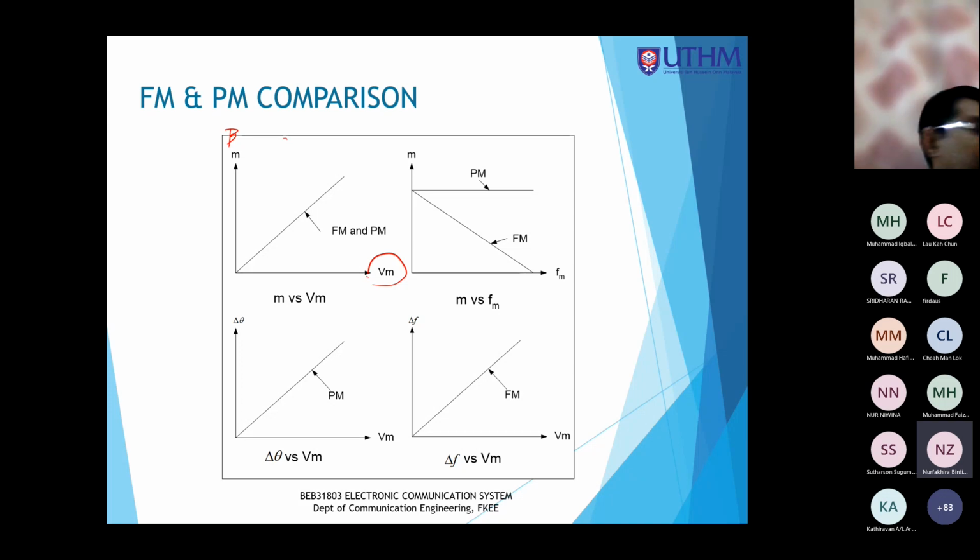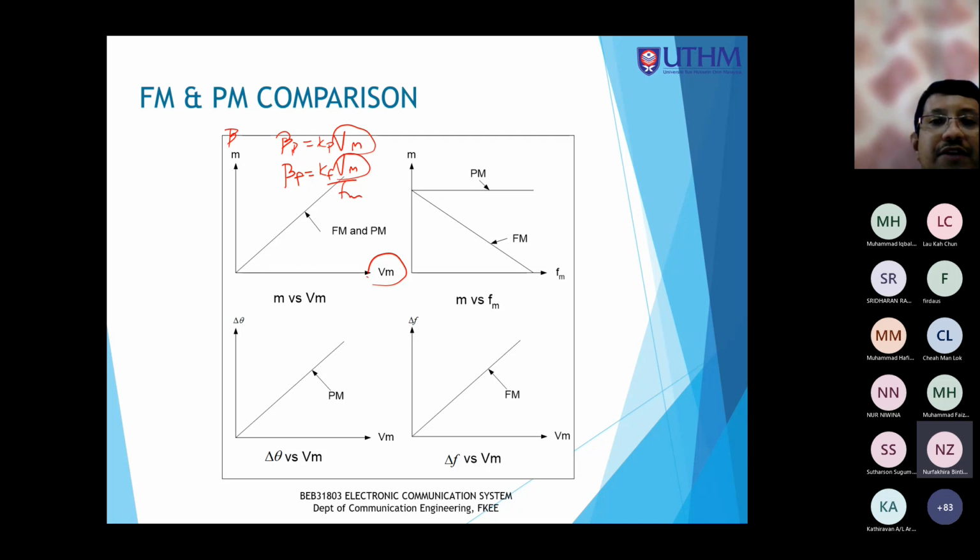So remember that beta P is equal to Kp VM. Beta F is equal to Kf VM over FM. So both modulation indices are directly proportional to the peak amplitude of the modulating signal.